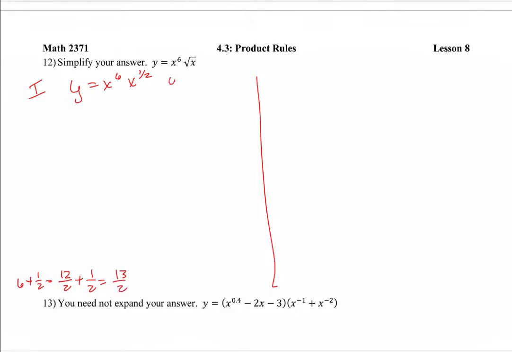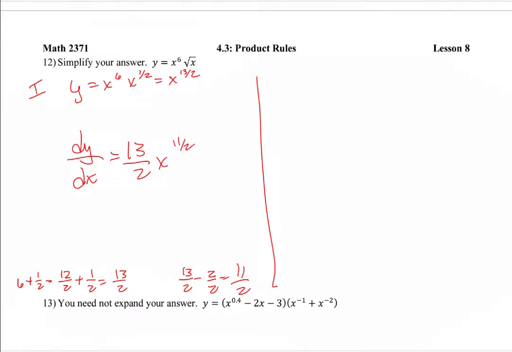So I get y equals x to the 13 halves. So then dy/dx equals 13 halves x to the 13 halves minus 2 over 2, which is 11 halves.